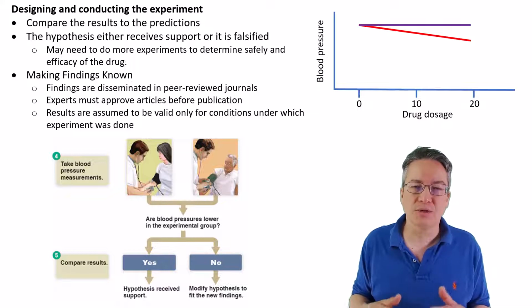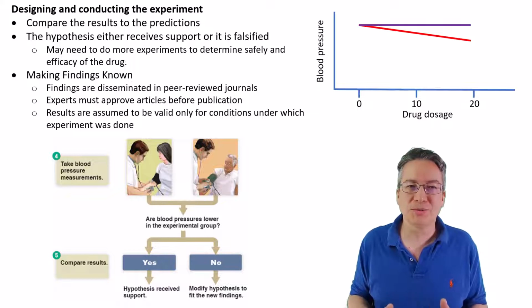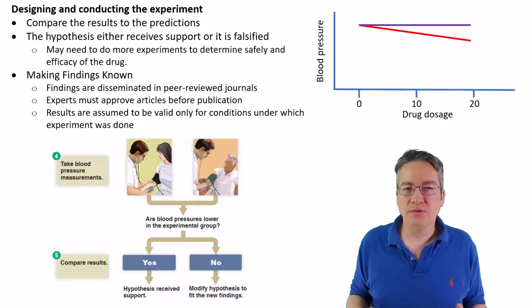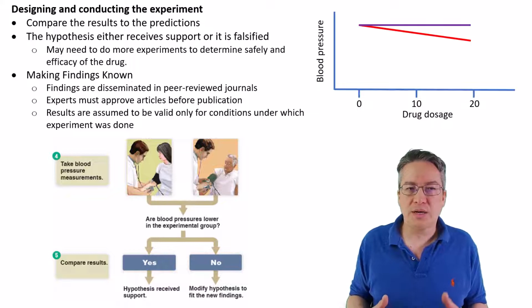Finally, there is a last step, which is if the scientists and doctors do all this work and they don't tell anyone about it, it doesn't do any good. So they have to make their findings known. So findings are disseminated in peer-reviewed journals. A peer-reviewed journal is a journal in which the articles are essentially looked over in extreme detail by experts in the field.